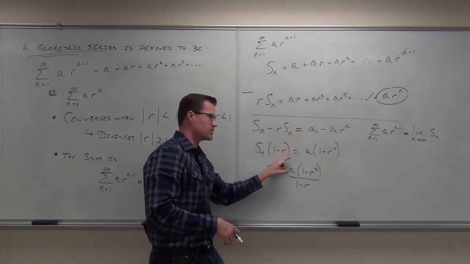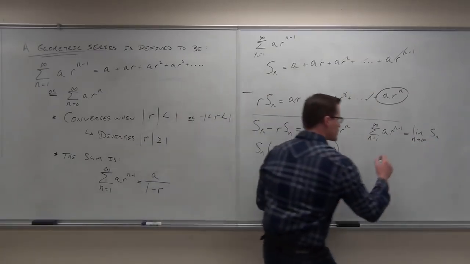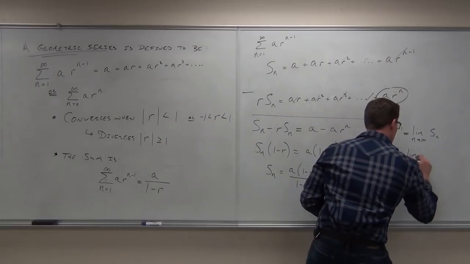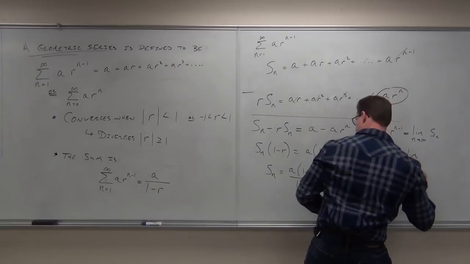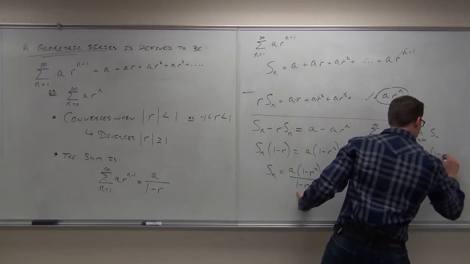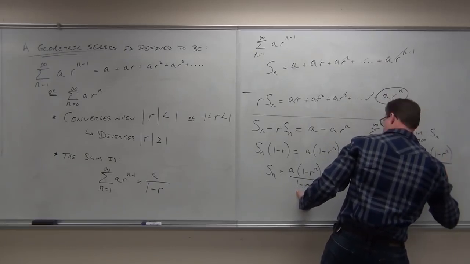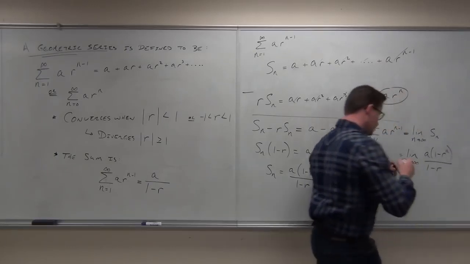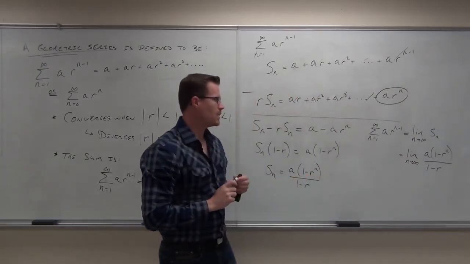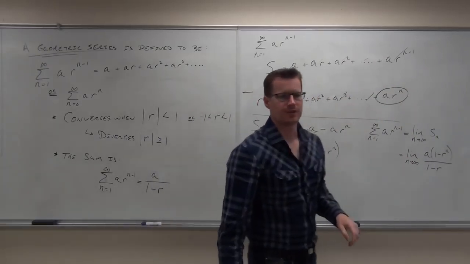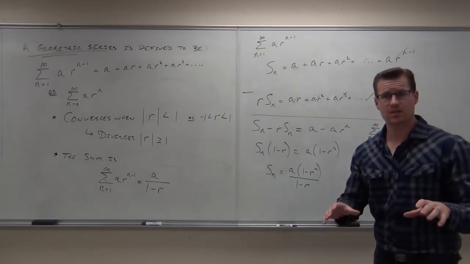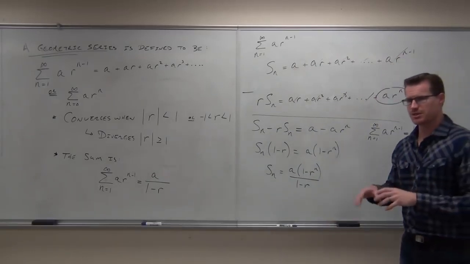So now that we've worked down to, hey, your partial sum is this, let's just take a limit as n approaches infinity of a times 1 minus r to the n over 1 minus r. Now I want to think really carefully about this. What is changing and what's going to be a constant in this particular case?